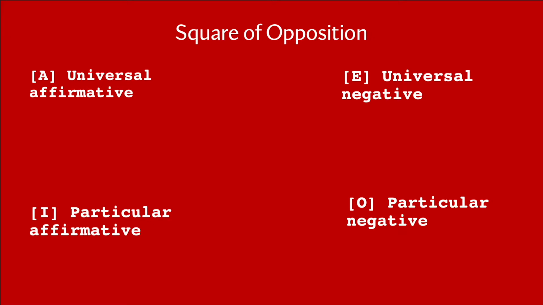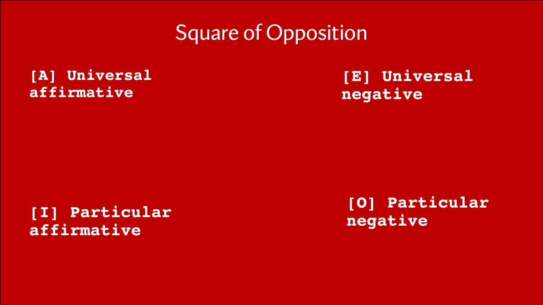Now, although the letters we use to depict the terms in a proposition are arbitrary, these letters by which we name different kinds of propositions are not arbitrary. So, A propositions are always universal affirmative propositions, E propositions are always universal negative propositions, I propositions are always particular affirmative propositions, and O propositions are always particular negative propositions.